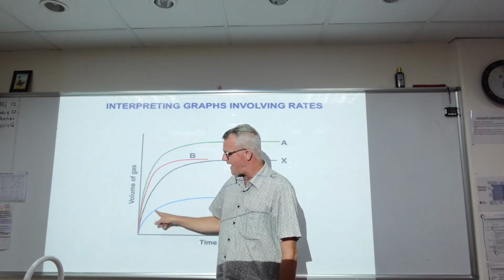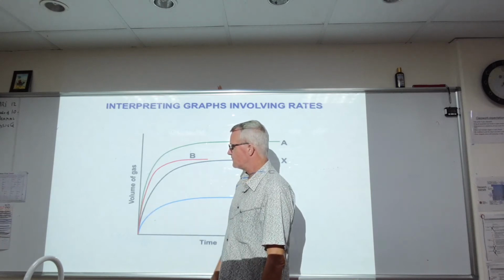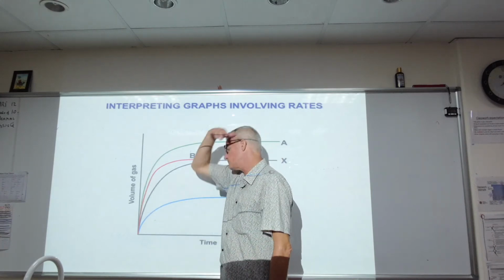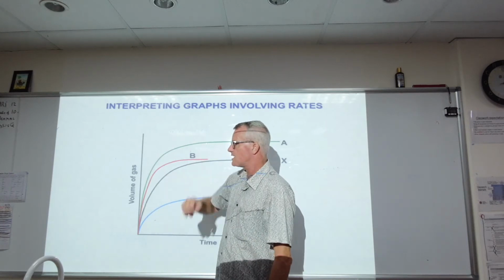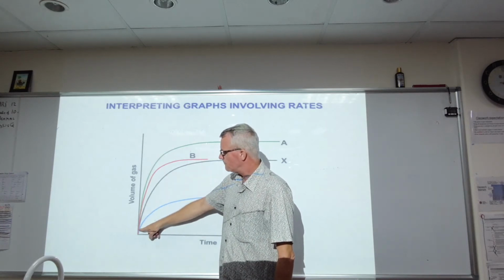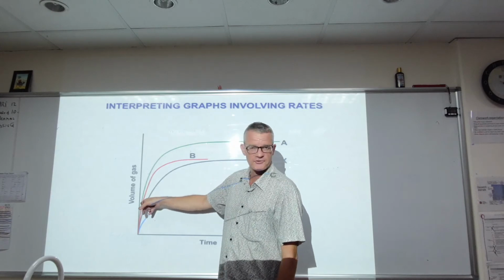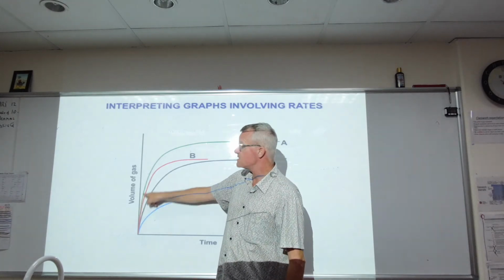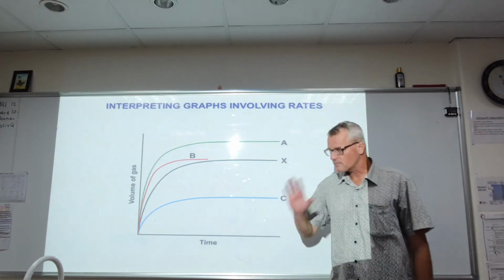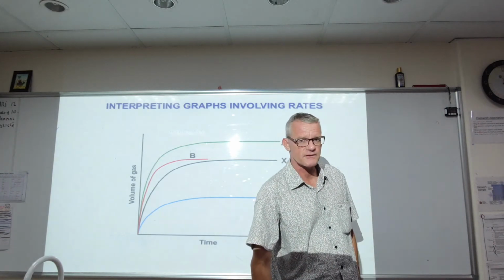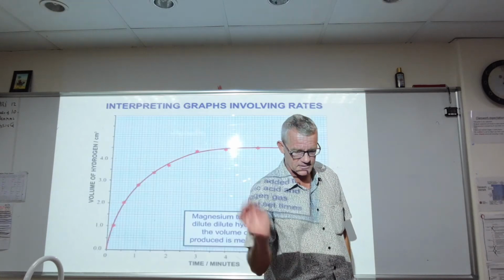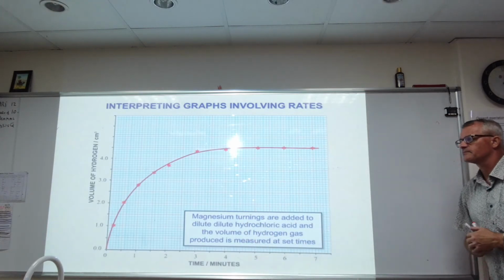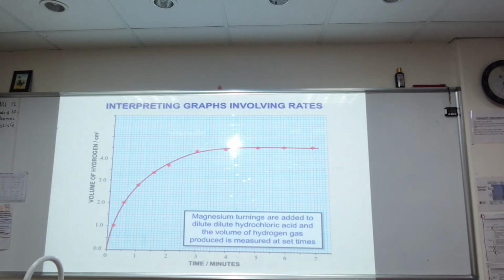So there must be a higher concentration here of, for example, hydrochloric acid. If we increase the concentration of the hydrochloric acid, we see a steeper curve. Okay? We'll come to that later, how that really works with different types of reactions. If we interpret the graphs involving the rate, in this case we add magnesium to a dilute hydrochloric acid. Okay?